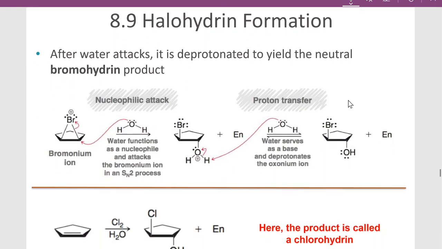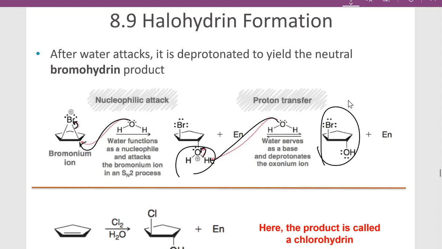So let's look at that mechanism again. Once we form the bromonium ion, water functions as a nucleophile to open the ring, and then we have the protonated species here as an intermediate. Water comes along, pulls off a hydrogen, deprotonating the oxonium ion to give us the product.